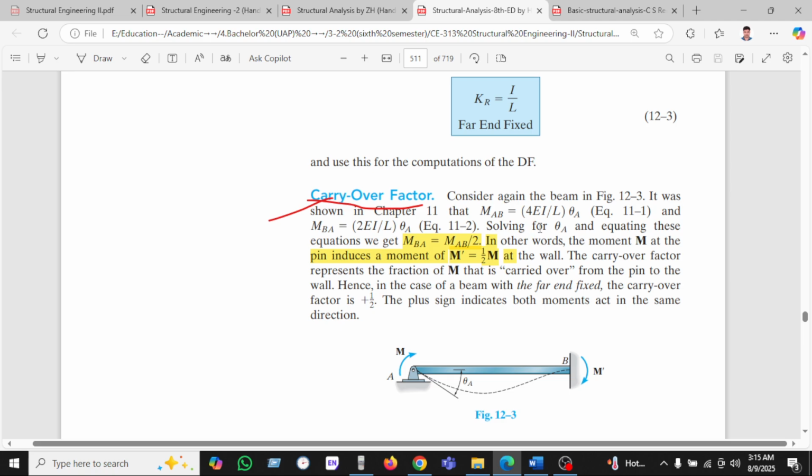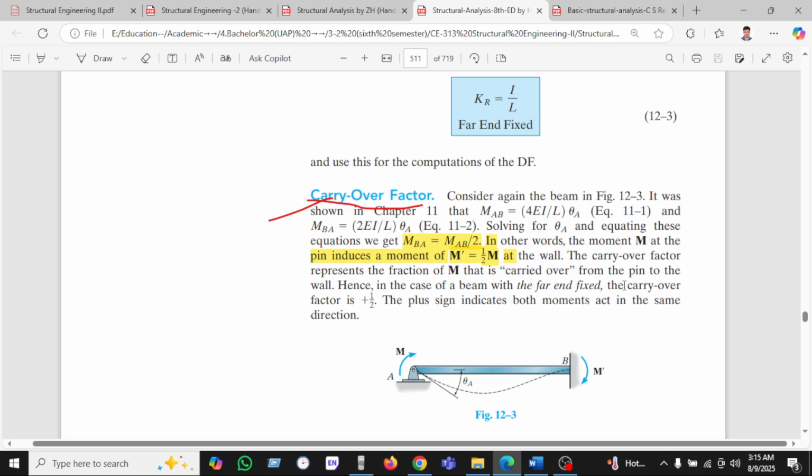Consider solving the theta equation. From this equation we get M_BA equal to M_AB divided by 2. In other words, the moment at the pin induces a moment M prime equal to half of the M at the wall.